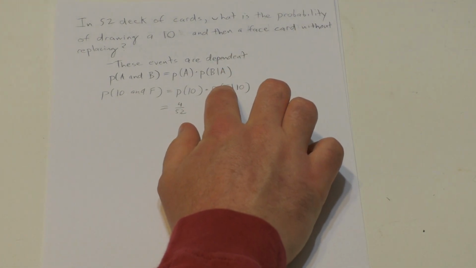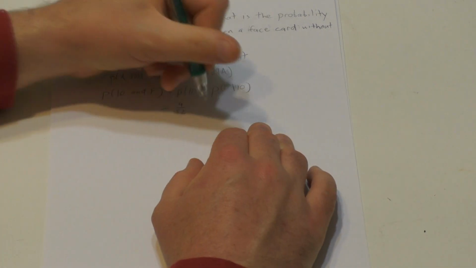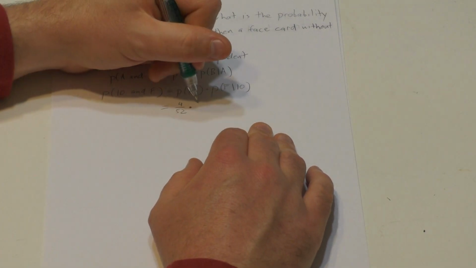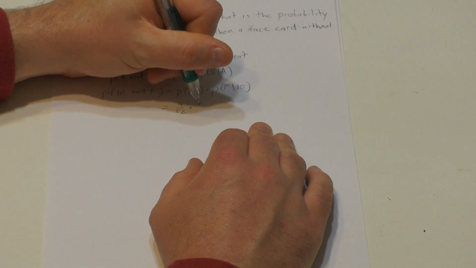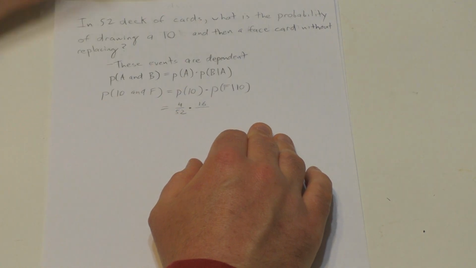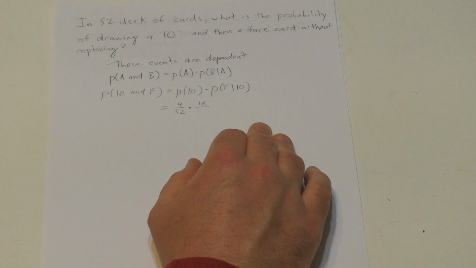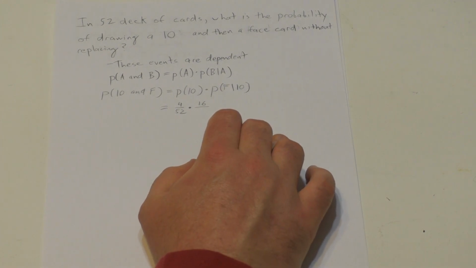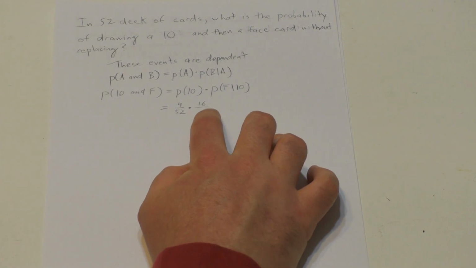So face given 10. Now this is where I want to explain dependent events here, okay? So there are 16 face cards, if I include aces. No, I'm not including aces, my bad. No, I am including aces, my bad. Including aces, there's 16, because there's 4 per suit.